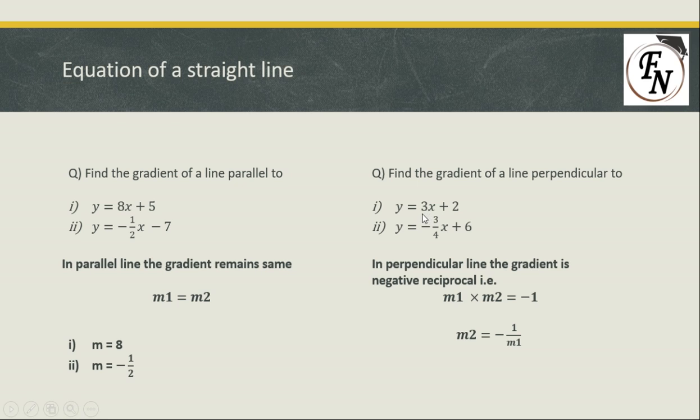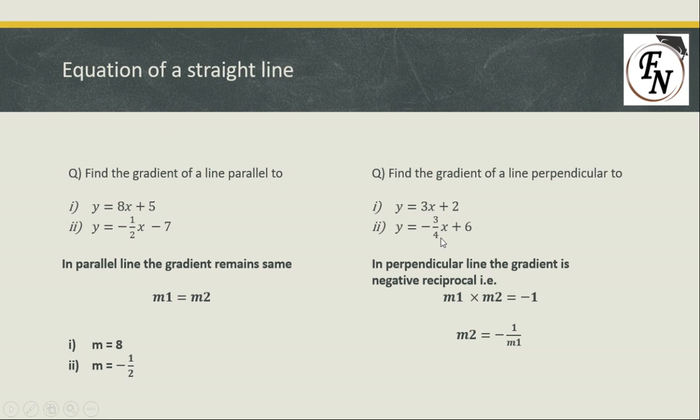How? If I talk about this gradient, this is 3, and the line which is perpendicular has a gradient of minus 1 over 3. We add a negative sign and put 1 over the first line's gradient. The first line gradient is 3, so I can write minus 1 over 3 as the perpendicular gradient of this line.